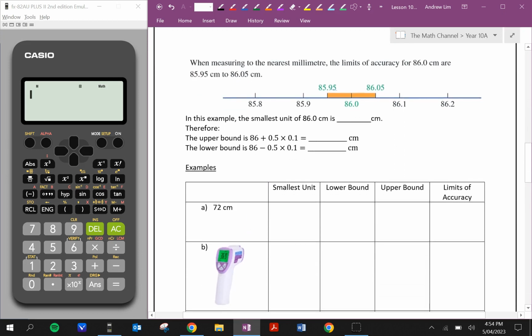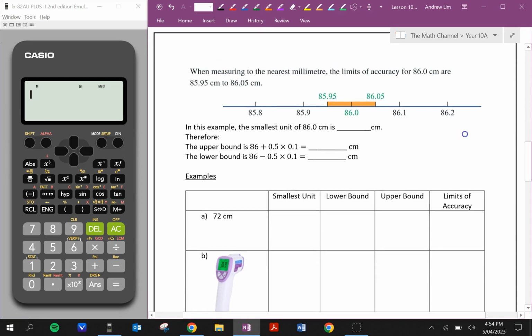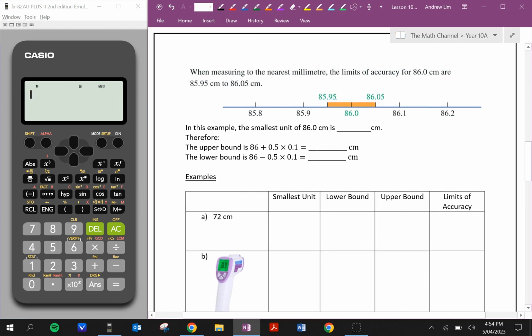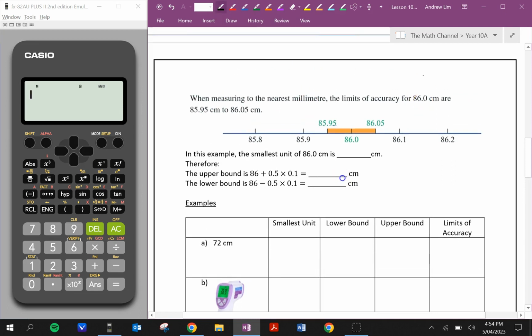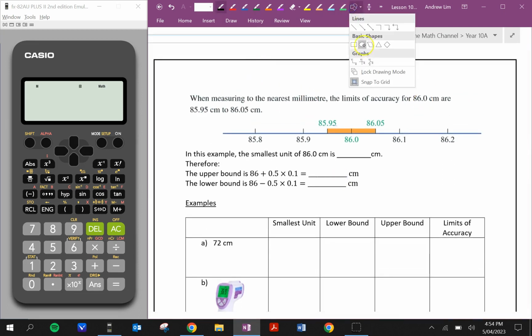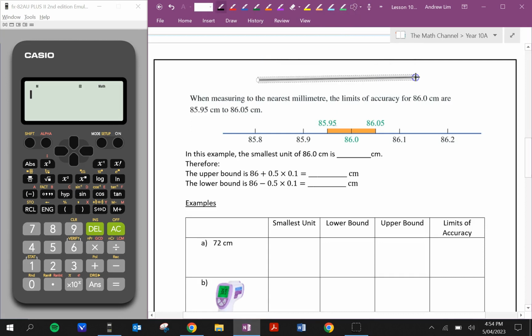But let's say, for example, we've got the same line, but we used a different ruler. This time the ruler rounds to the nearest millimeter, so we're measuring to the nearest millimeter. The limits of accuracy for 86.0 centimeters are, let's say we've got the same line, but this time our ruler tells us that it's actually 86.0 centimeters.